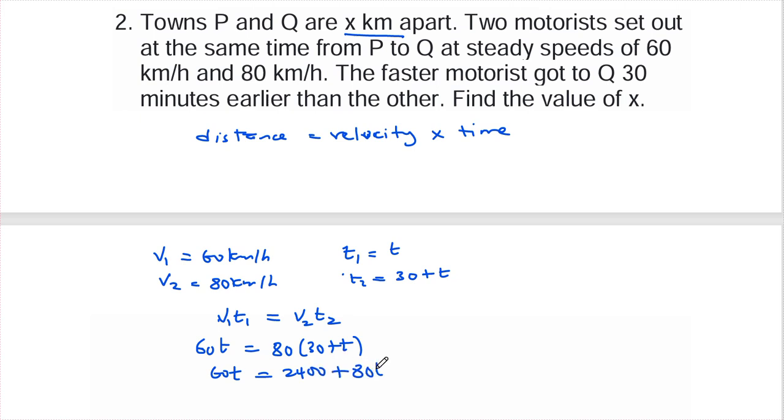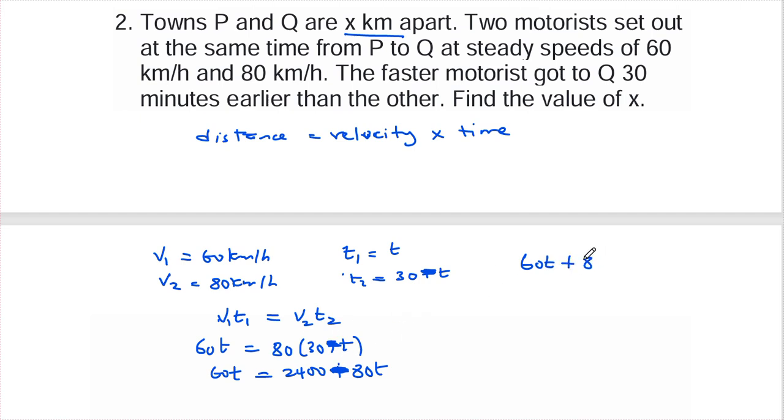Just their velocity and their time changed. So V1 is 60, T1 is T, equal to V2 which is 80, T2 which is 30 plus T. If you open up the bracket, 60T is equal to 2400 plus 80T.